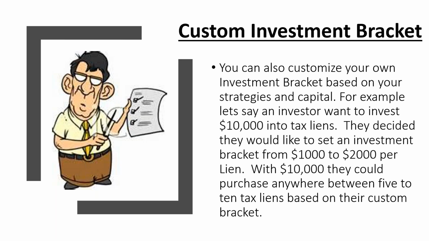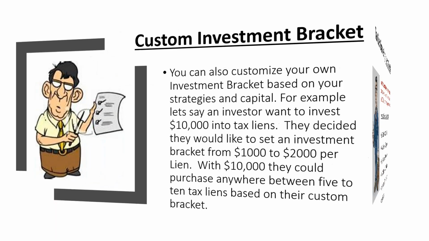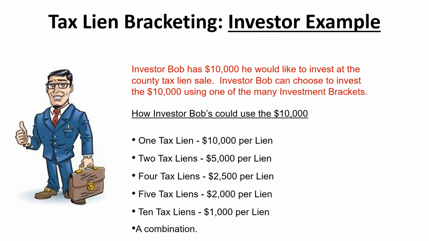If your strategy is primarily for interest rates, and you found a good tax lien at 10 grand, then it would make sense to put it into one tax lien at 10 grand, and when it redeems, it redeems. If you are looking to get a property, or you want to diversify so that you have more checks coming in at different times, then buying 10 tax liens at $1,000 would increase your chances, like you're saying, of getting a property, because you're spreading that out.